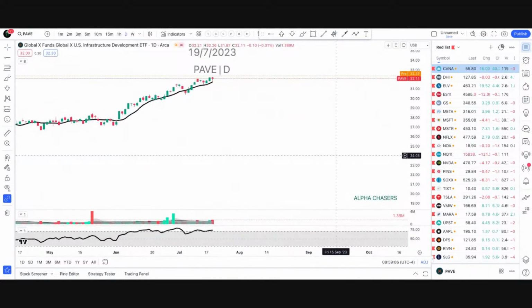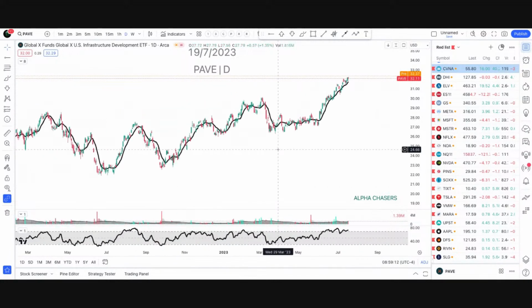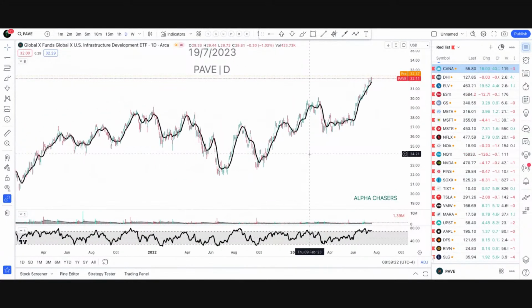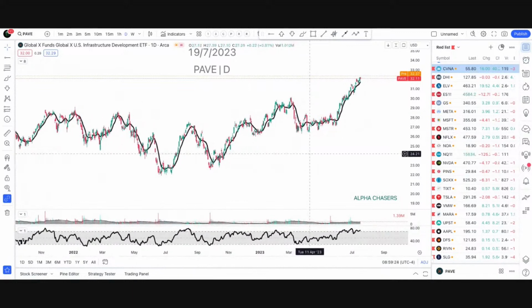And the volume that I have, every time I start to pop, it's all red. So it's not something I'd be paying attention to, which is kind of odd considering what it is. You would think the infrastructure would just continue to grind. Maybe it does. I don't know. I'm not a fan of it.